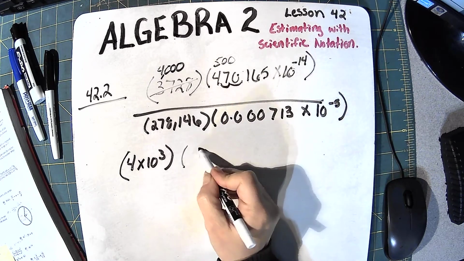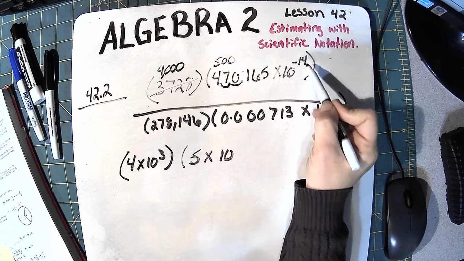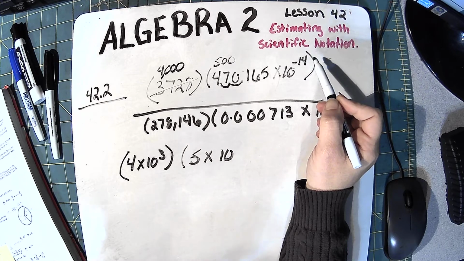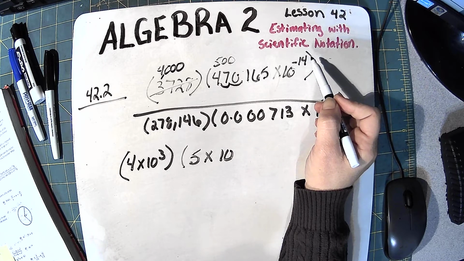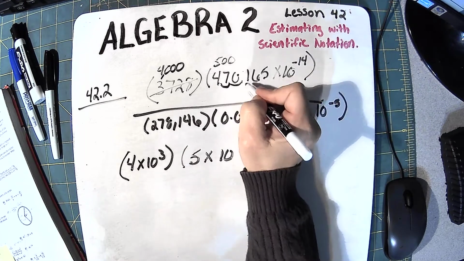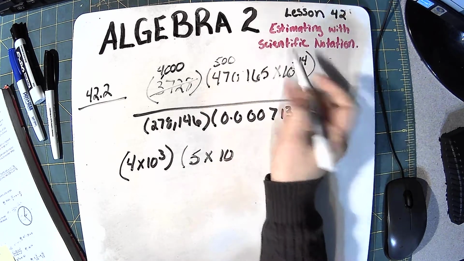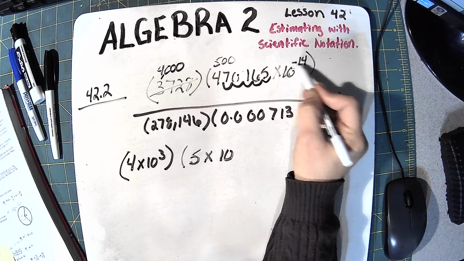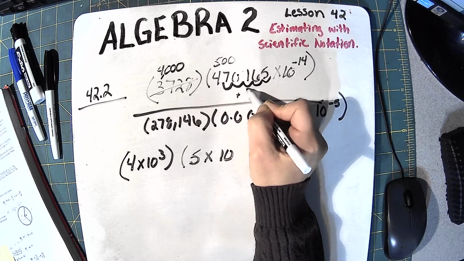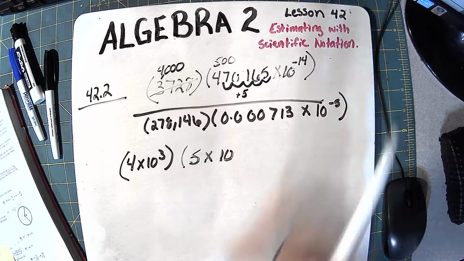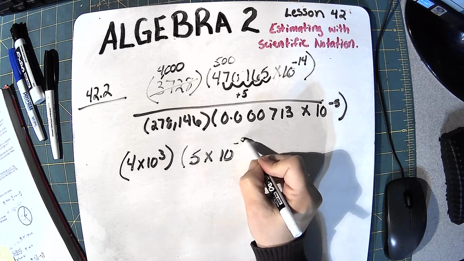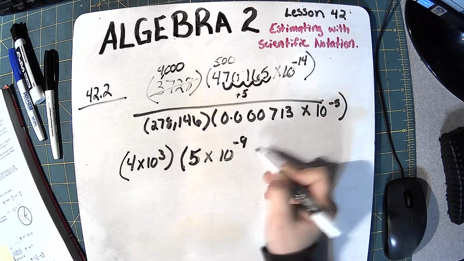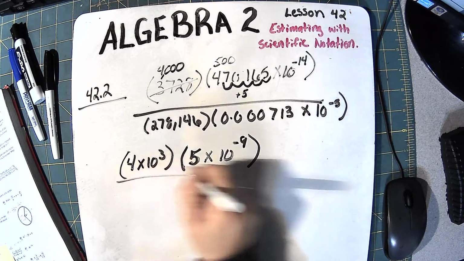We move this back 1, 2, 3, 4, 5, so it would be 5 times 10 to the 5th. So we're going to say 14 take away 5. This is positive 5, negative 14. So 14 take away 5 would be negative 9. So that one's about 5 times 10 to the negative 9th. Now our bottom.